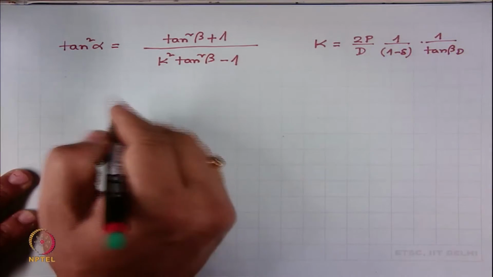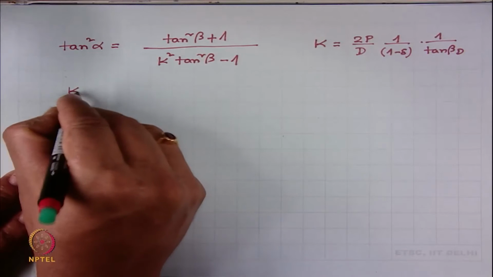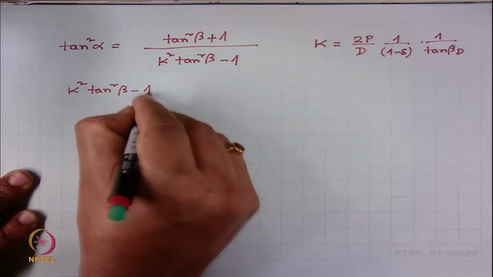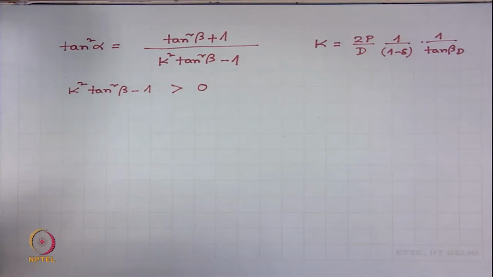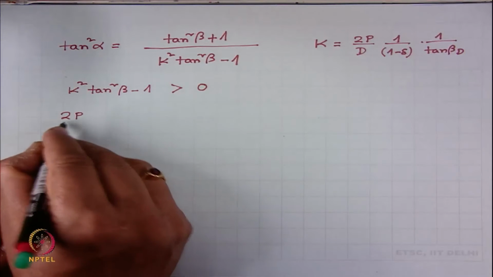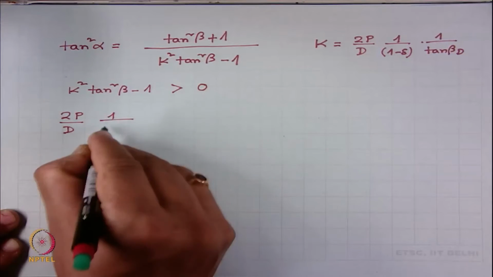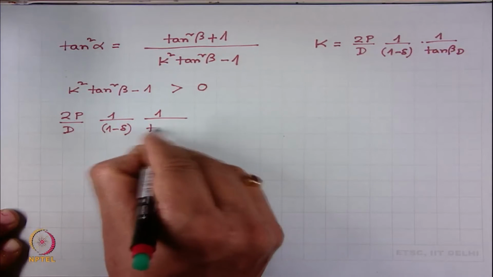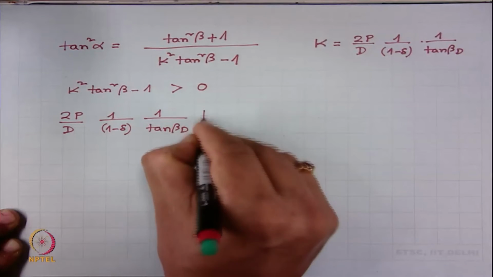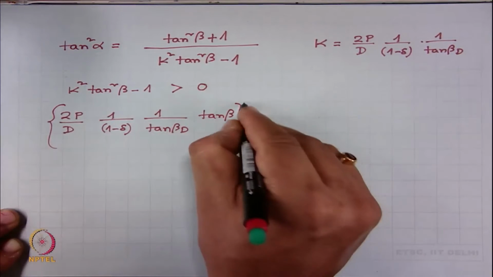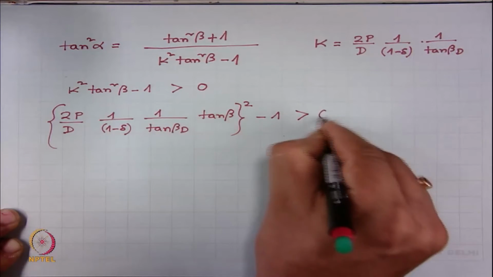So, k square tan square beta minus 1 must be greater than 0. What is k? 2 p by d, 1 by 1 minus retraction, 1 by tangent of beta d, here also tangent of beta, square minus 1 must be greater than 0.